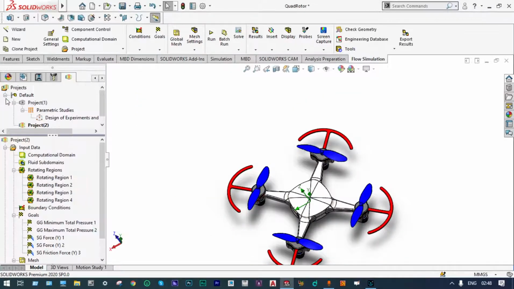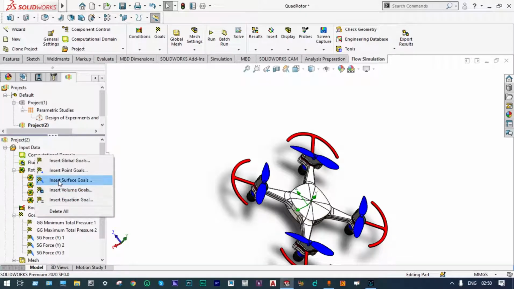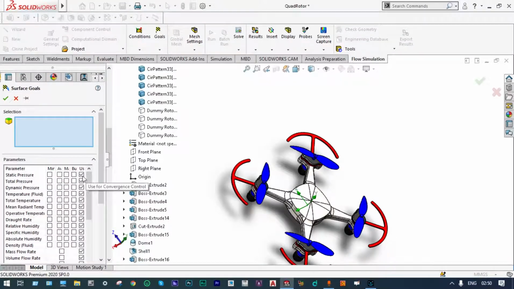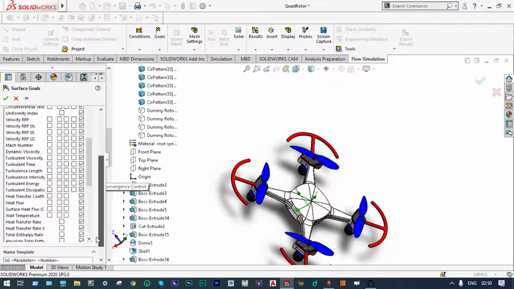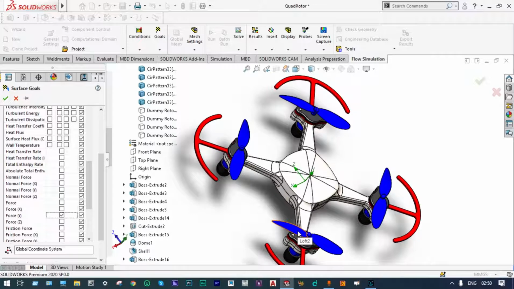Selected. Now the last one. Again, goals, insert surface goal. We want to find out the same thing, that means force in the y direction. Let us select the surfaces.